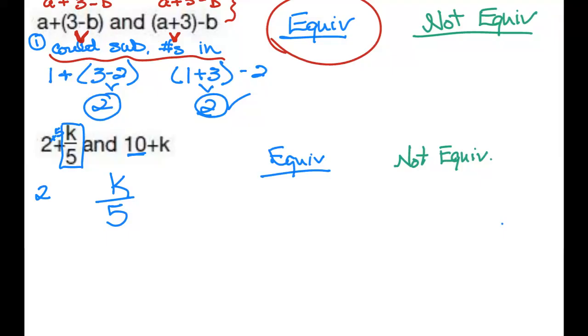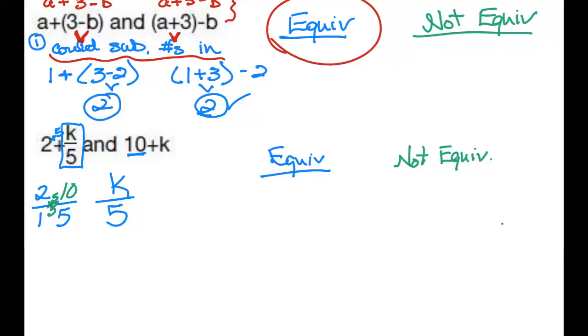Now this 2 is what as a fraction? It's a whole number, but I can say 2 over 1. So if I want to make an equivalent fraction, you're right, Isaiah. You do want to take it times 5 over 5, and that gives you 10 over 5.